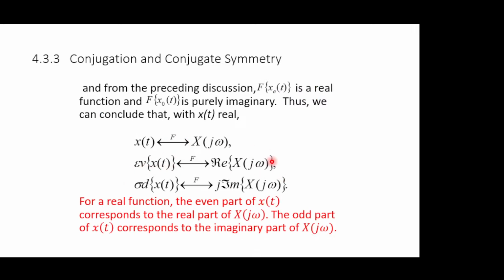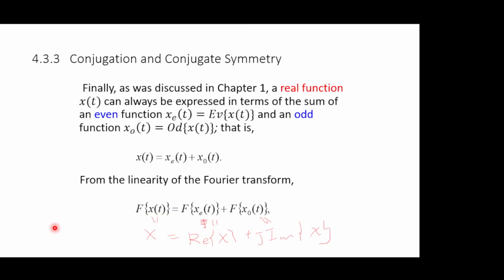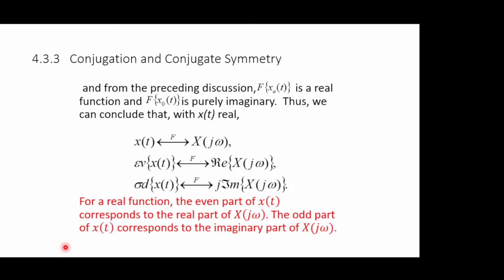We get those nice correspondences: the even part of x corresponds to the real part of the Fourier transform, and the odd part of x, when we do the Fourier transform, becomes the imaginary part of big X. But you need to remember that this only happens when we have a real function, because being even and odd this way only happens when x is a real function. But for real functions, we have this nice characterization.